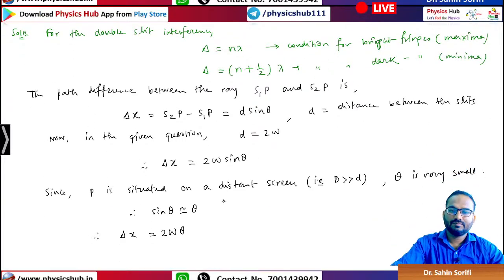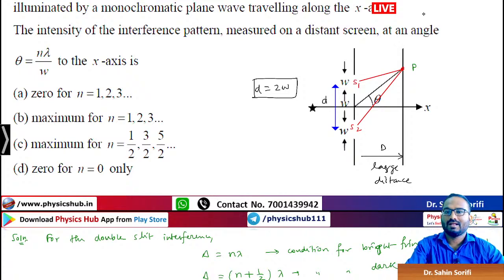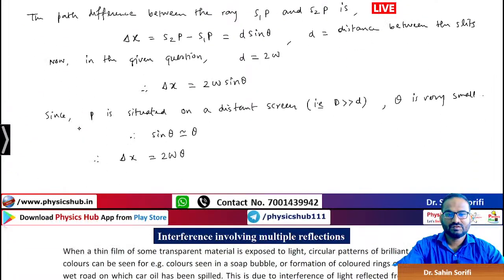Now you have to find out, at this angle theta equal to n lambda by w, theta value you are given, the intensity of the interference pattern. So what will be the intensity at this angle theta? We'll put the value of theta here.